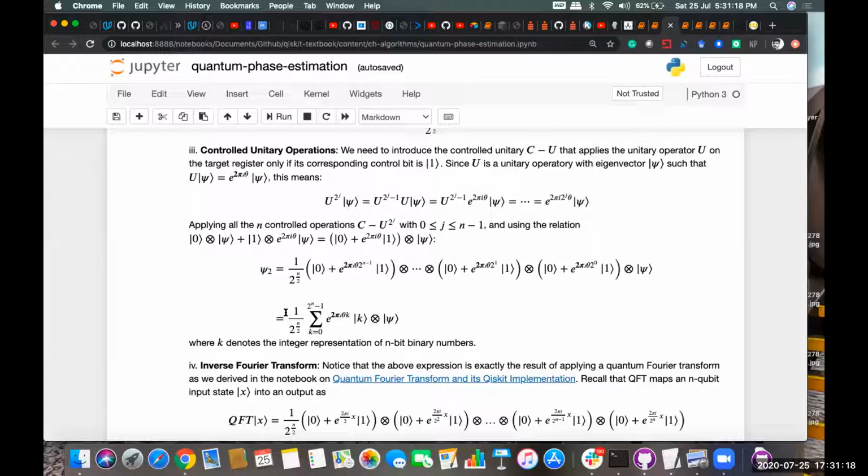The generalized formula after applying the control unitary operation will be 1 by 2 to the power n by 2, summation of k equal to 0 to 2 to the power n minus 1, and here the phase estimation vector will be e to the power 2 pi i theta k, of ket k, tensor product with our psi state here.